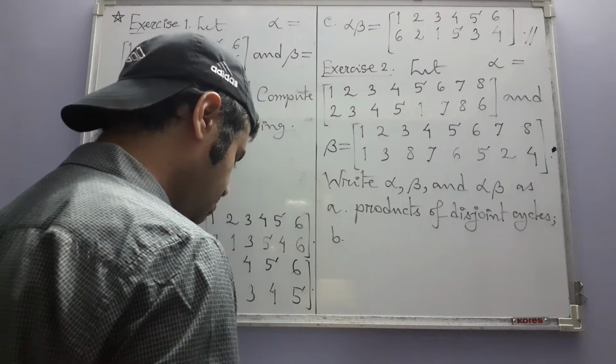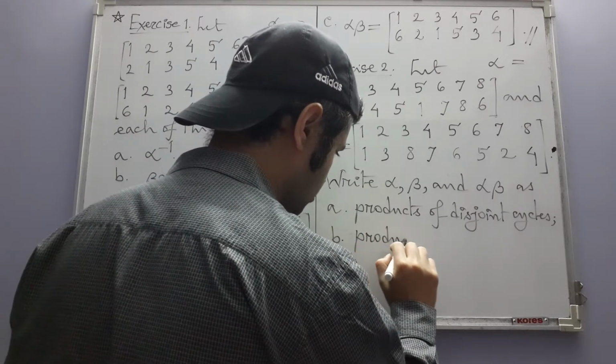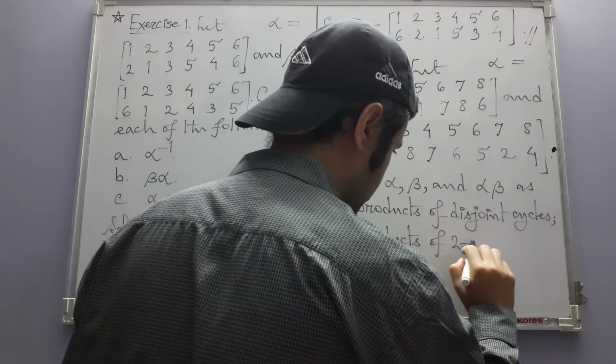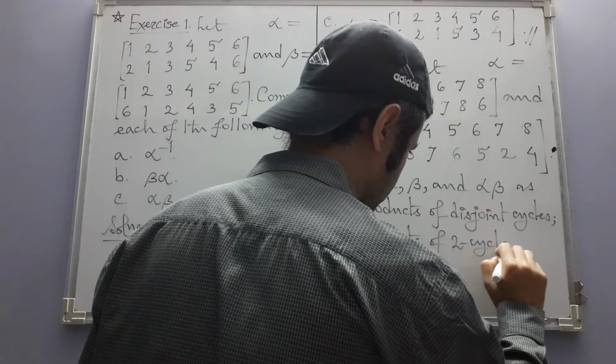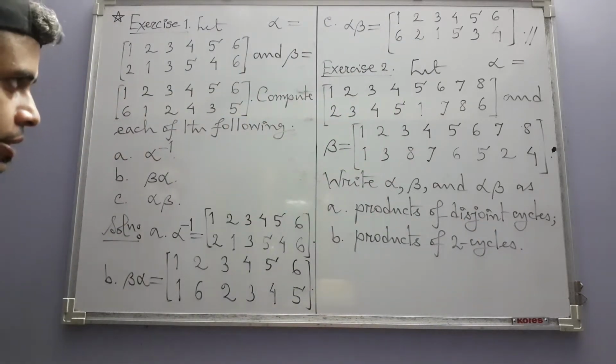And part B, products of two cycles. Okay, so let us see the solution.